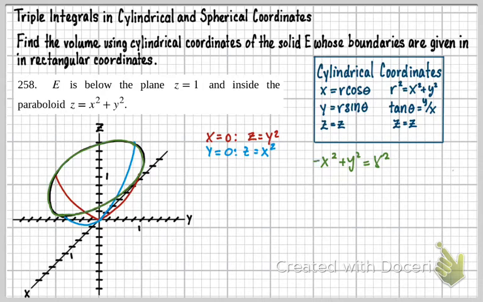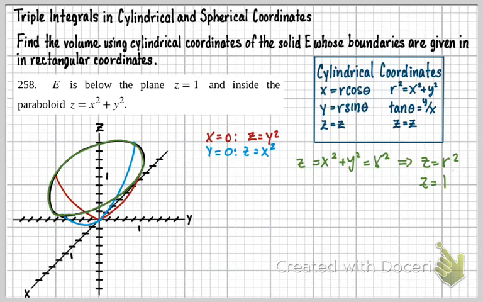And I know z equals x squared plus y squared. So this tells me that z equals r squared. And for the other equation, z equals 1, my z equals z, so that tells me z equals 1.